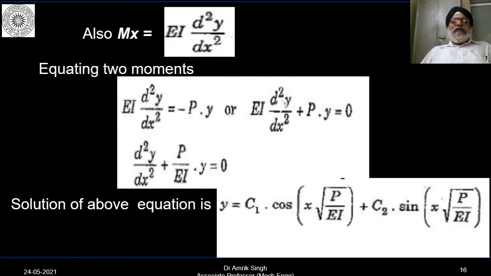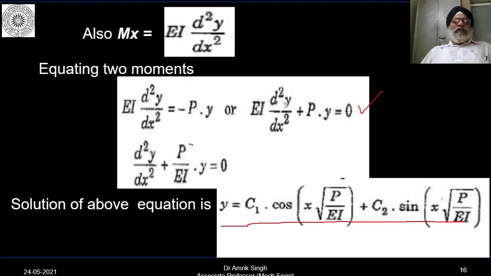Bring this term to the other side, and we get this differential equation: EI d2y upon dx square plus Py is equal to 0. Now rearrange this, so we get the form d2y upon dx square plus P upon EI into y is equal to 0. This is a differential equation whose solution can be given by this equation.